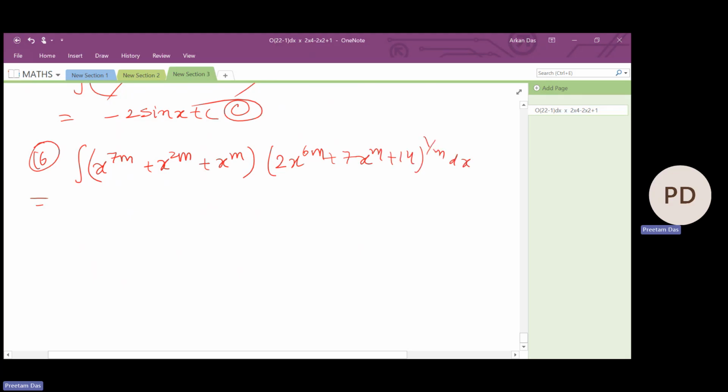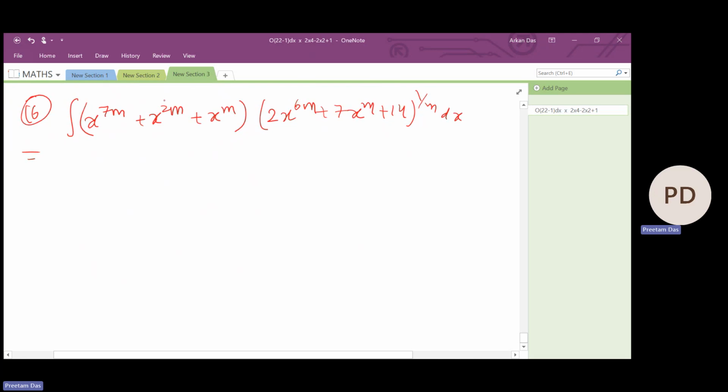What we will do, we will take one x common and send it here. But when we send that there, because there is a power 1 over m also here, we have to write x as x power m raised to 1 over m. Now this becomes a term similar to the power, so we can multiply it here.